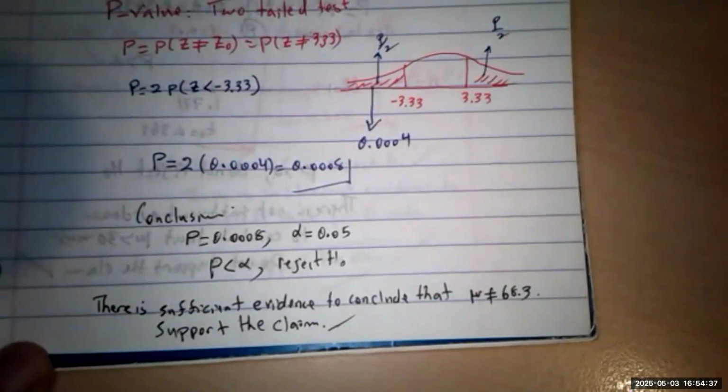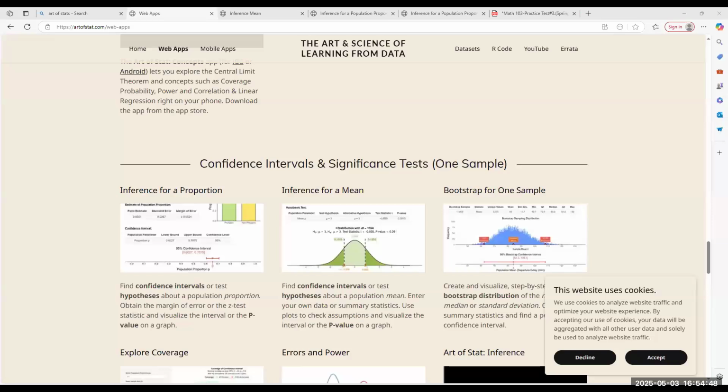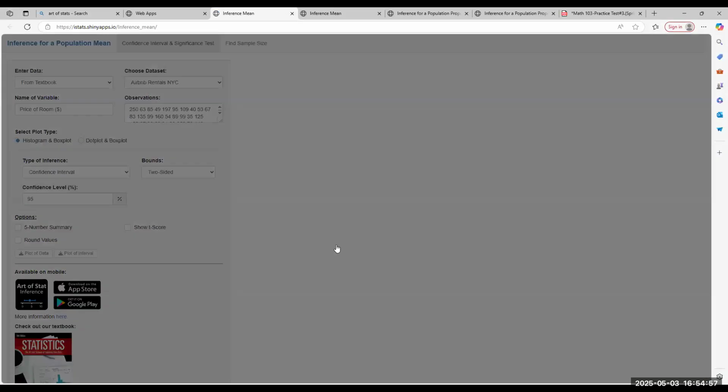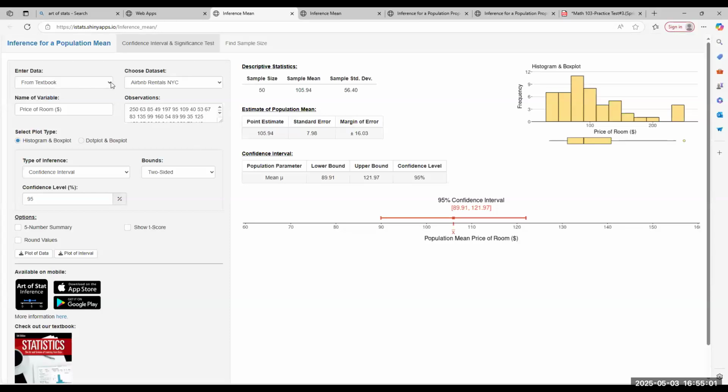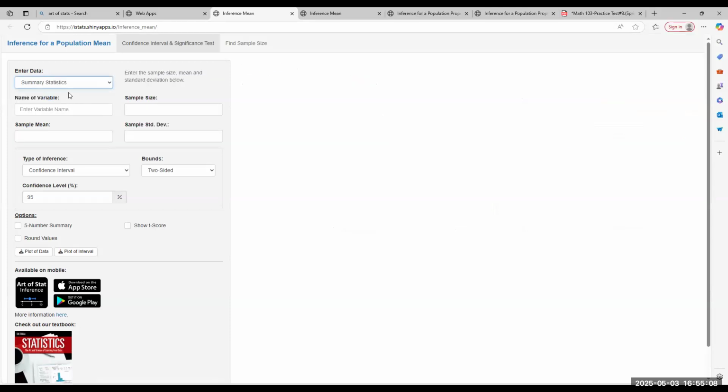So going back to the application. Okay, there you are. This is inference for the mean. Again, go for the brief case. We go with the number of successes here. Summary statistics.